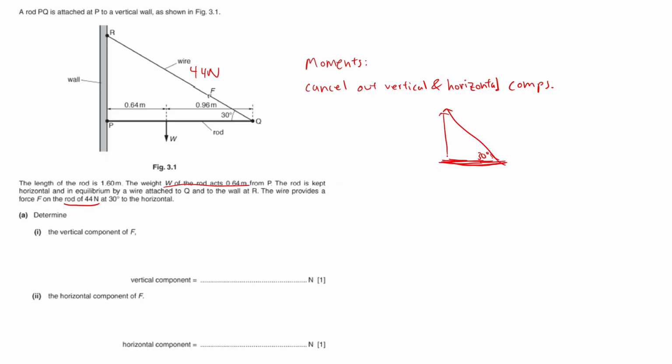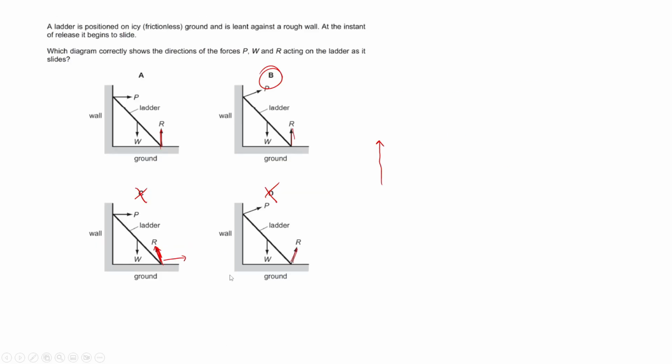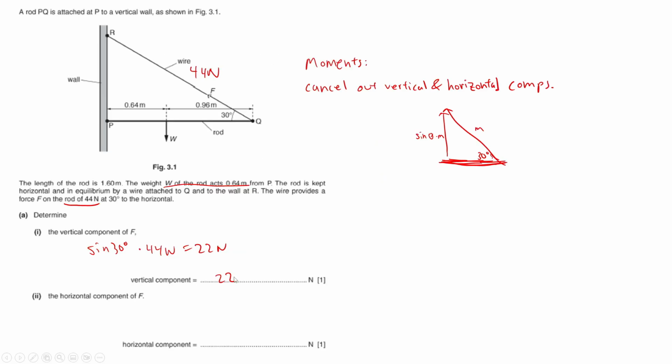So we can just use the sine trig function to get the component. It's going to be sine 30 degrees times 44 newtons, which is equal to 22 newtons. The horizontal component of F is just going to be the opposite, but it's going to be the cosine function.